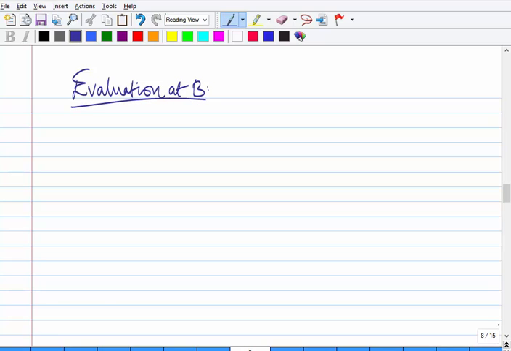So in case of evaluation at B, which happens to be a decision node, you have to select the highest. So what is the choice in front of you? The choice in front of you is construct 10 flats. If you're going to construct 10 flats, what is the net benefit you have? 218. And the alternative is construct 15 flats and the net benefit is 202.